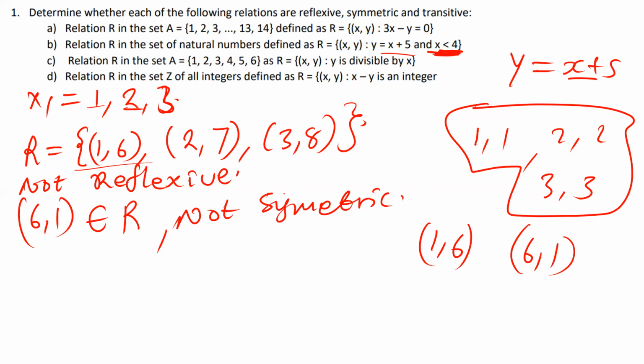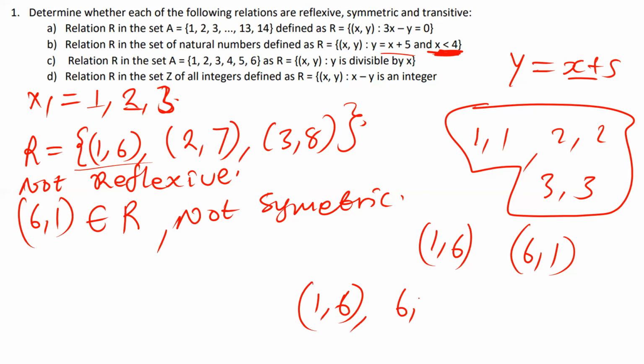Okay, let us also see if the relation is transitive. How do you check whether it's transitive? Since we have (1, 6) there, do we have (6, another number)?